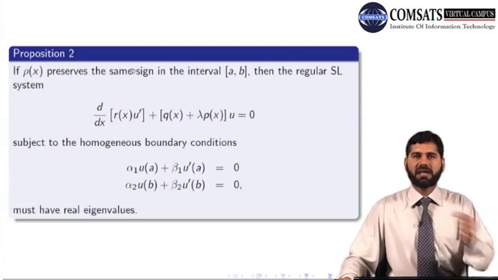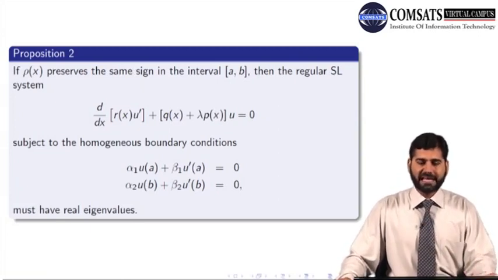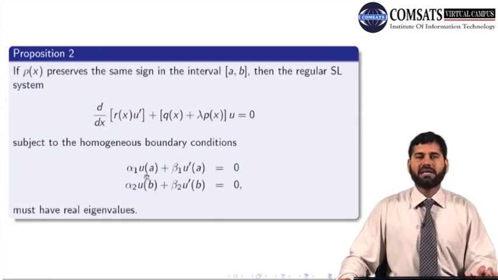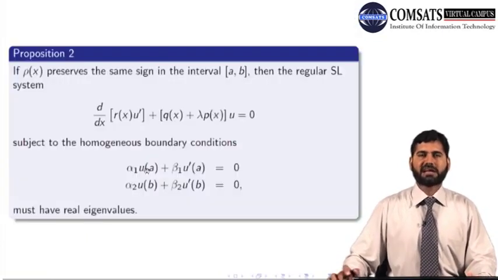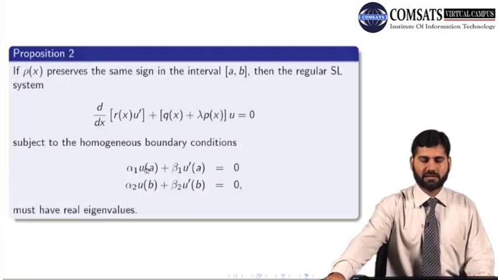If it is positive, it remains positive throughout the interval. Then your regular SL system will have only real eigenvalues. There won't be any complex eigenvalues. All right, this is proposition 2. So let's prove this proposition as well.